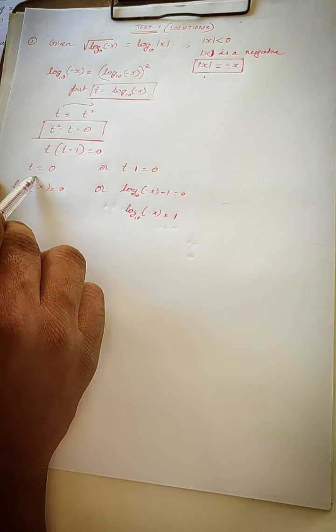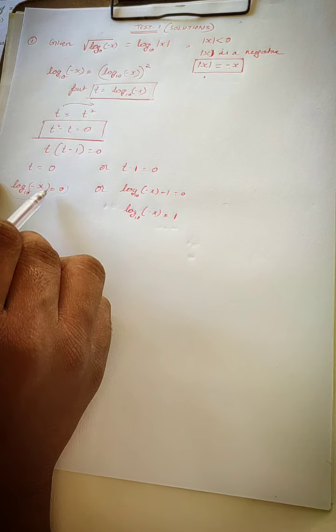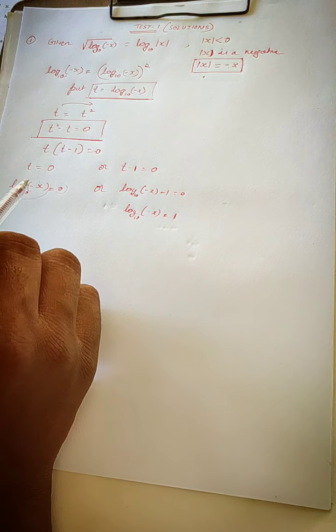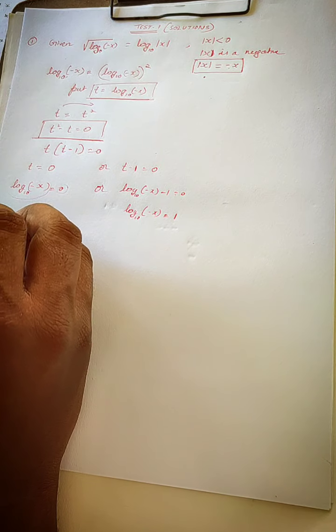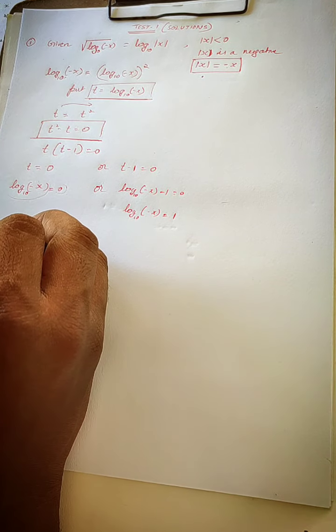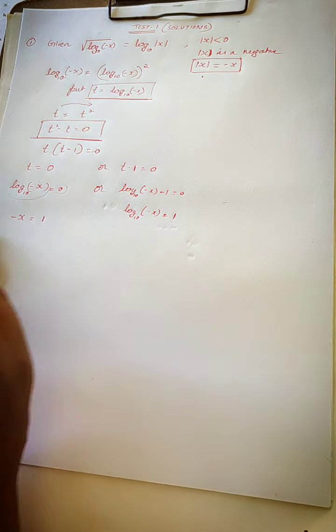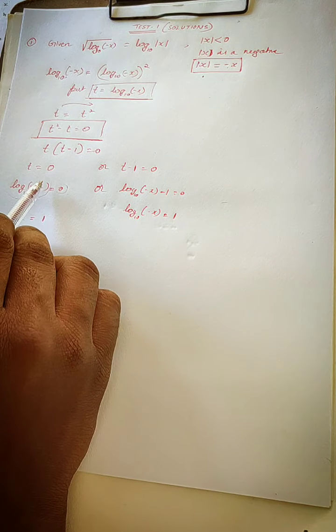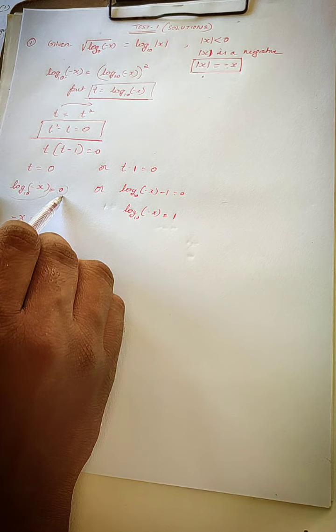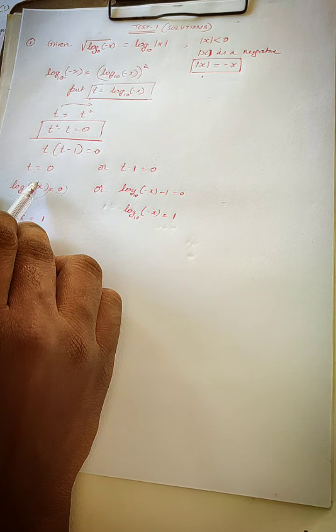Okay, so here you can see this particular value is 0. So the value of this minus x is nothing but 1, because the log of some value is equal to 0 when that value is 1 itself.